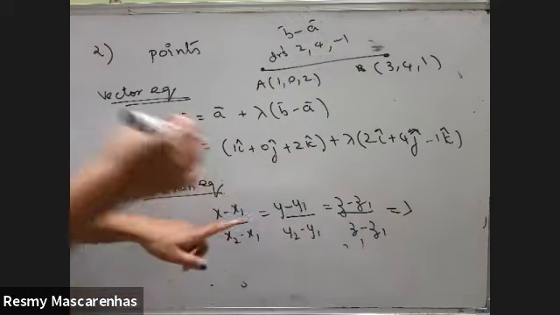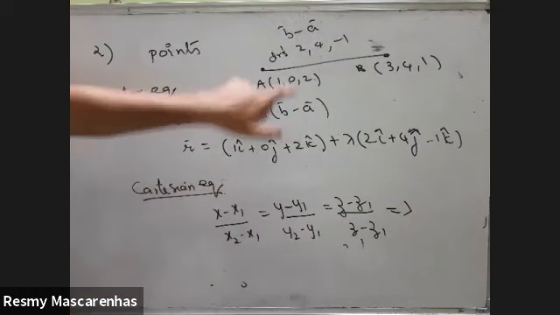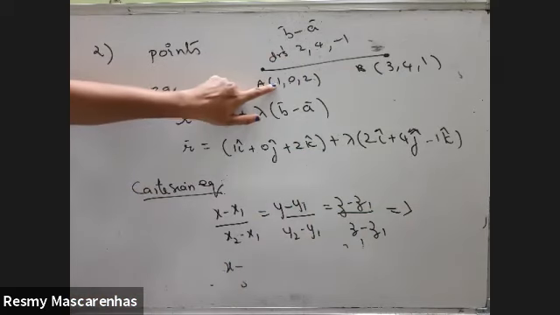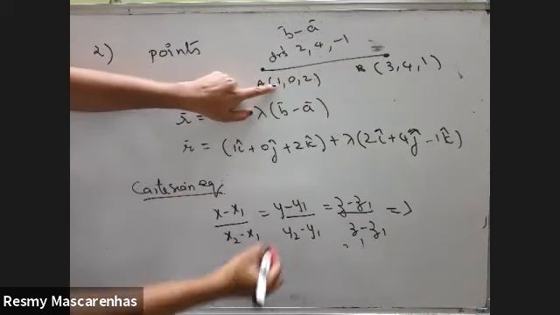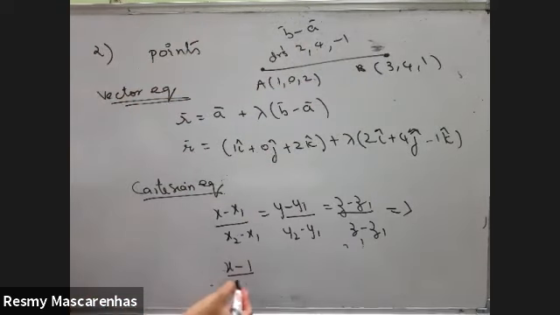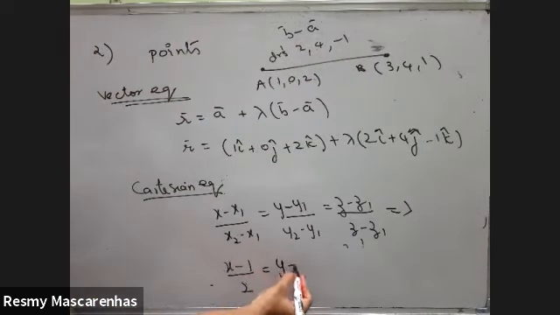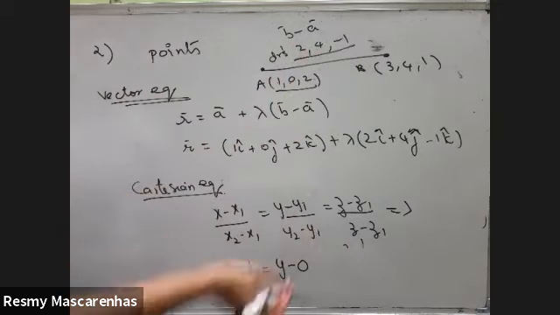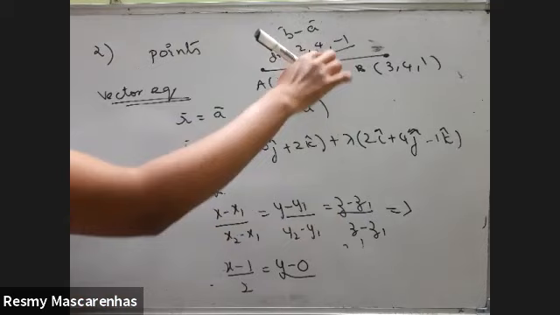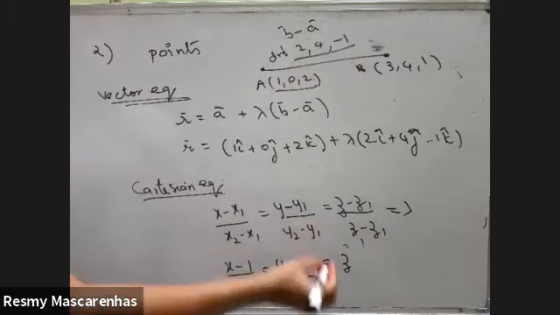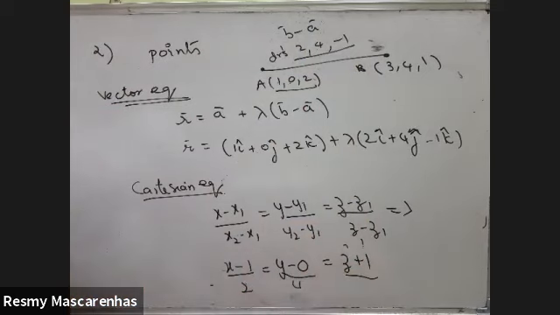If you have forgotten this formula, no need to panic, just write. It is always x minus your first point. The point will always be at the numerator. In the denominator, the direction ratio will always come, that is 2. Y minus the point upon 4. And z minus of minus will become plus, upon minus 1.